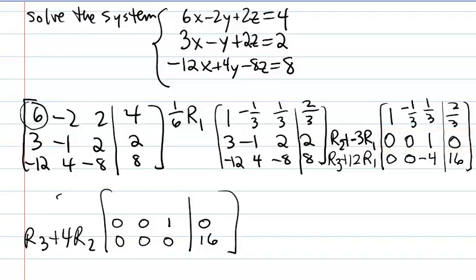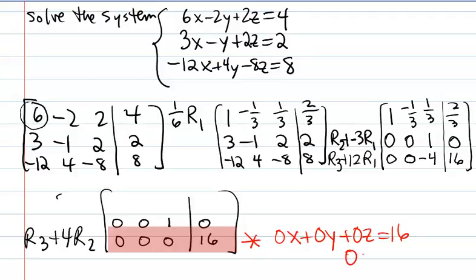Now at this point I'm going to stop, because I can see that this system is inconsistent. My last equation down here says 0x plus 0y plus 0z equals 16. In other words, 0 equals 16, which is impossible.